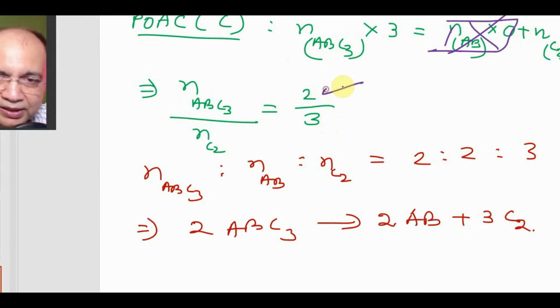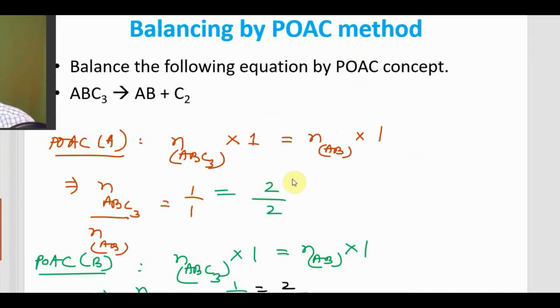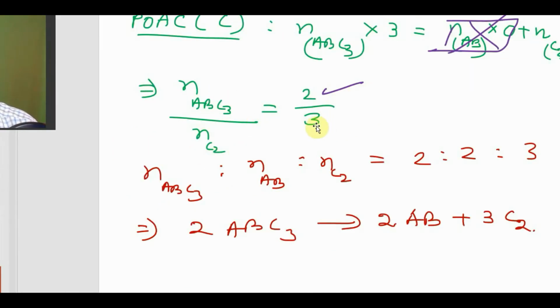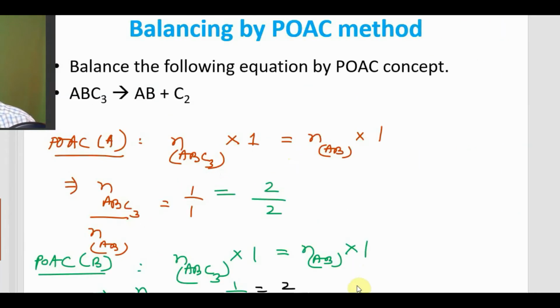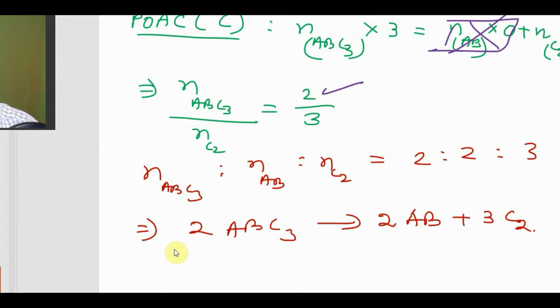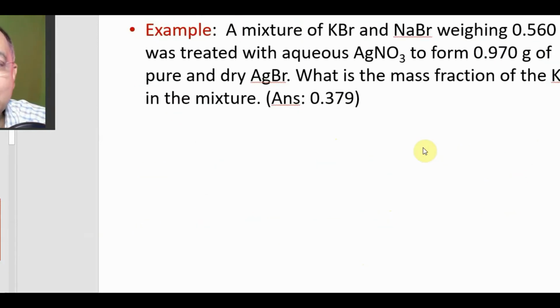So 2, 2, 3. So this is indirectly going to balance the equation. The POAC is nothing but conservation of mass.